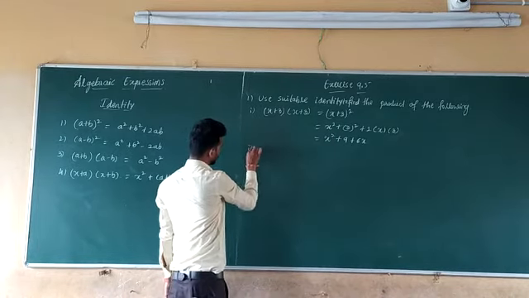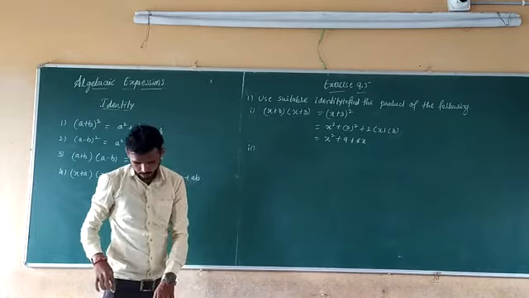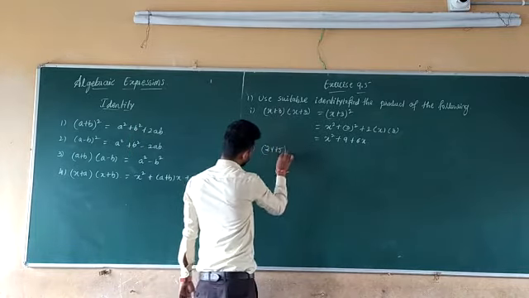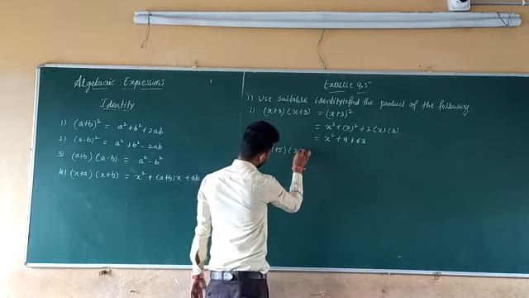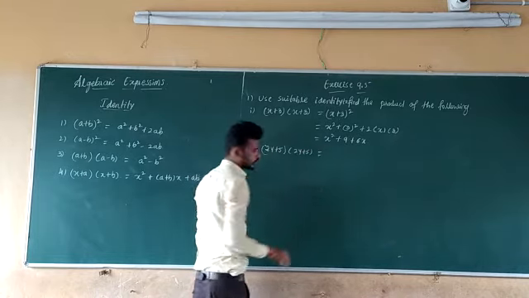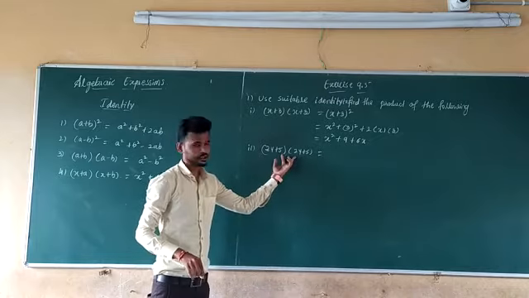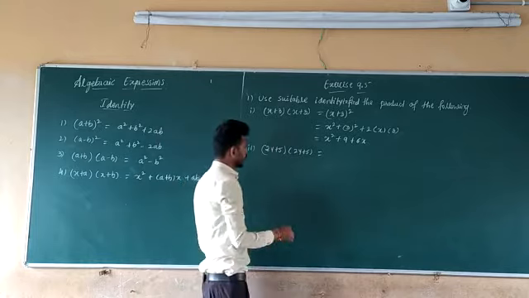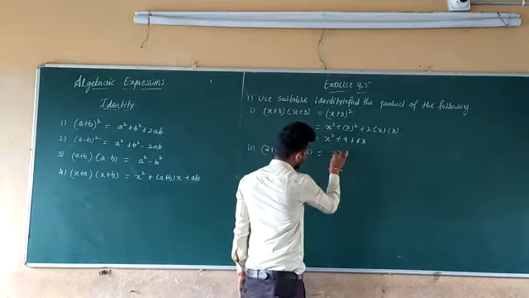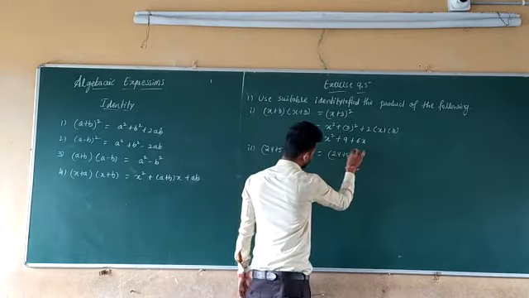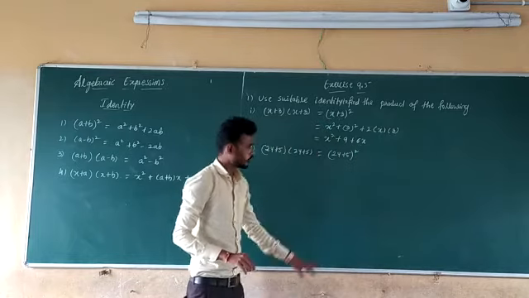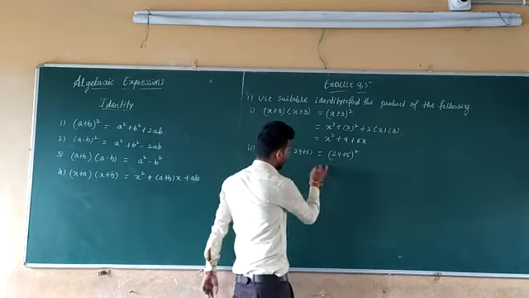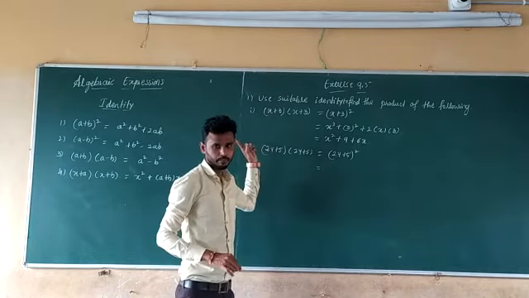Next, second one. (2y plus 5) into (2y plus 5). So it is also same, both expressions are same. What can you write now? A into a is a square. So we can write (2y plus 5) square. Here a means 2y, b means 5. This is the identity first one, (a plus b) square.